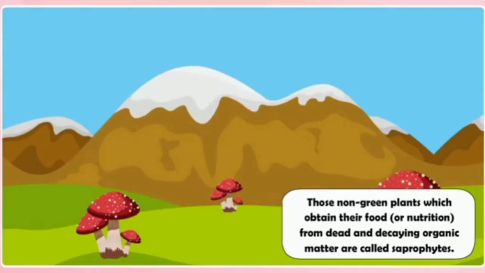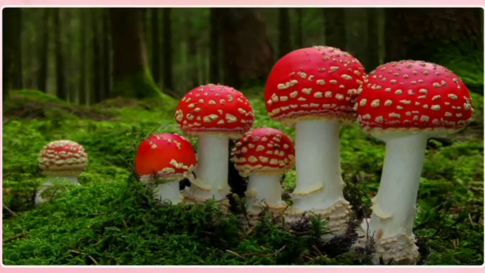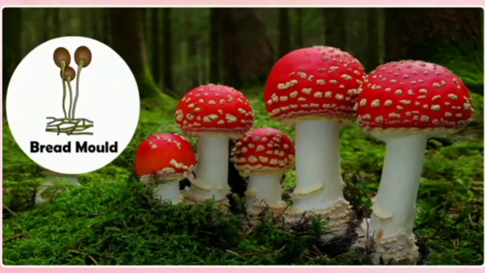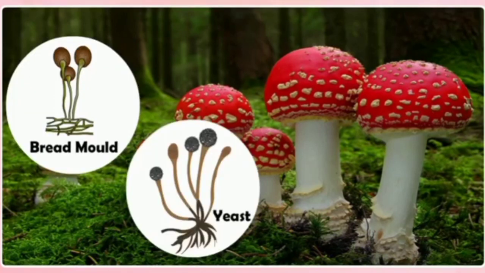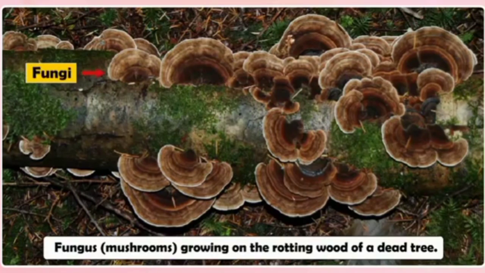Next is saprophytes. Those non-green plants which obtain their food from dead and decaying organic matter are called saprophytes. Some examples, here you can see the fungi, that is bread mold, yeast, the fungus feeding on the rotting wood of a dead tree.